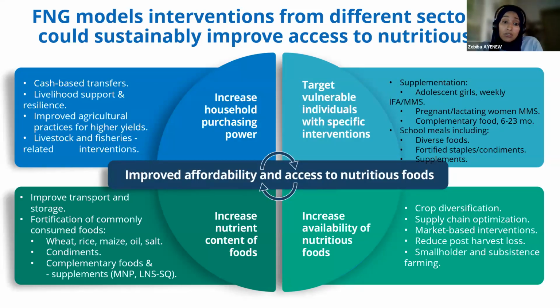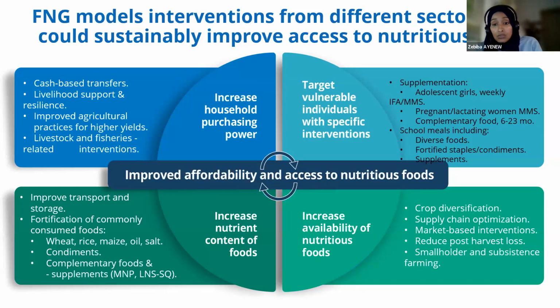So we model some of these interventions within the cost of the diet software. Some are done outside the software in Excel, but we try to see what the impact of increasing the household purchasing power would do to enable households to be able to purchase a nutritious diet.